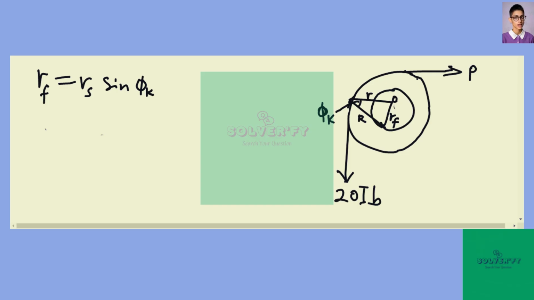But we don't know this because it's not given in the question, but we can figure it out by applying this relation: the arctan of mu k, which is given in the question as the coefficient of kinetic friction. When we plug it in, we arrive at this angle to be 16.7 degrees.